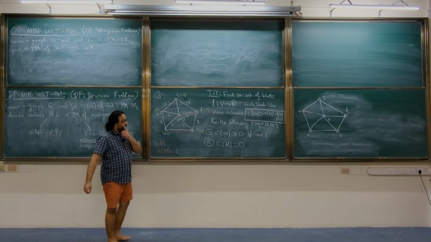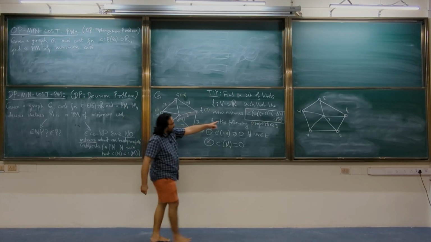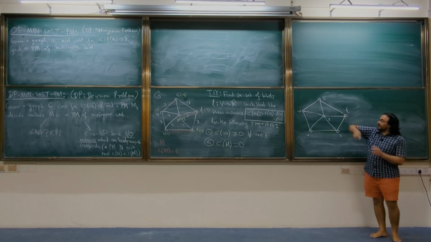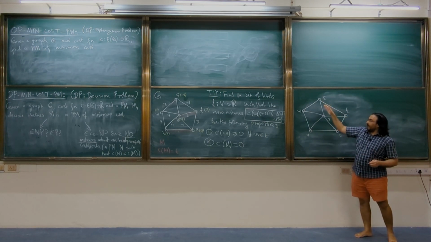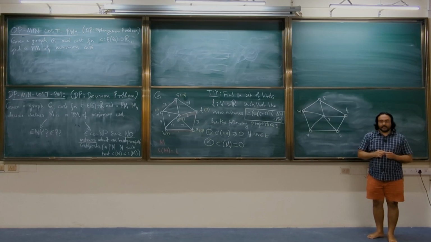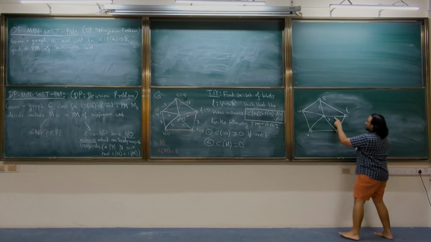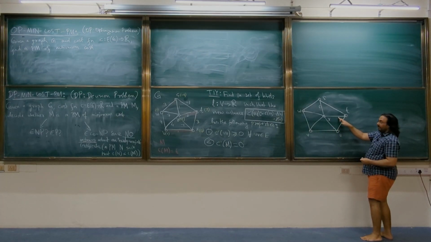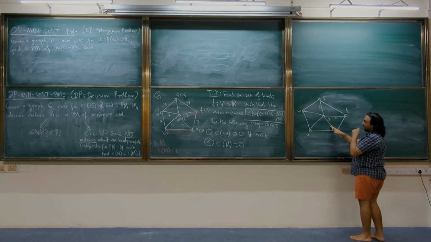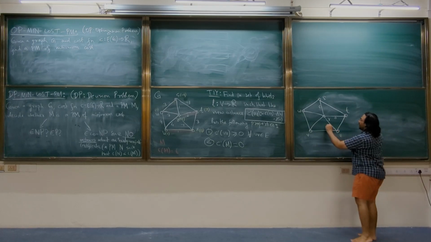So let's see, according to this formula, what is the cost of each edge? Can somebody tell me the cost of this edge? RS. RS, 6. Did I hear 6? 6. ST. Shout it out. 0. RU, 0.